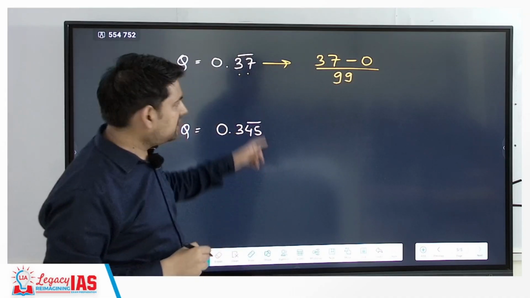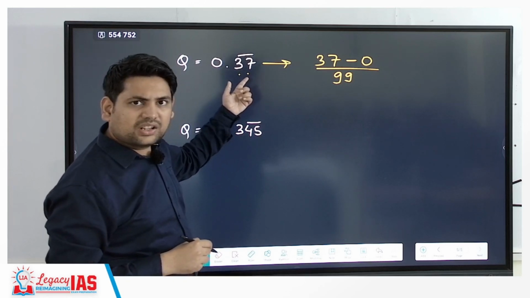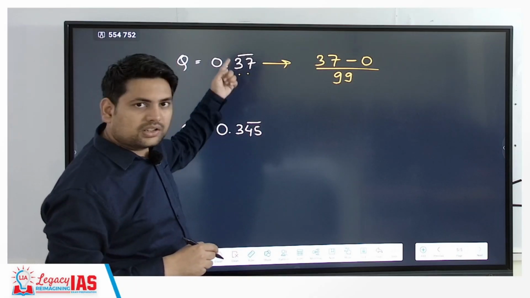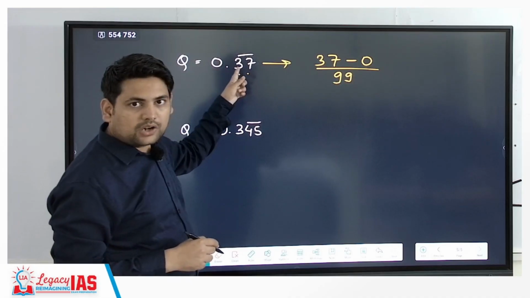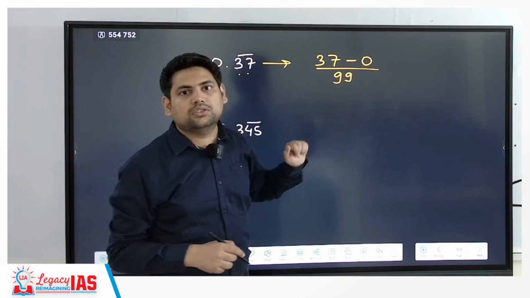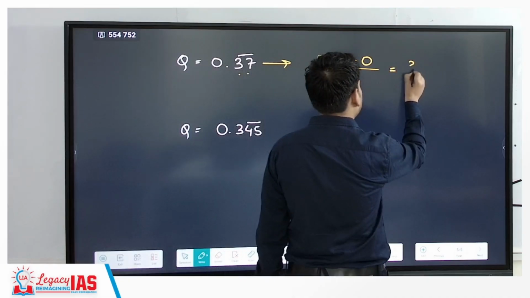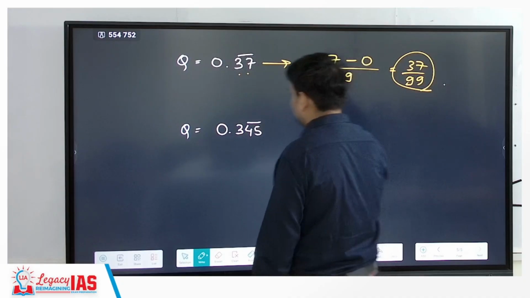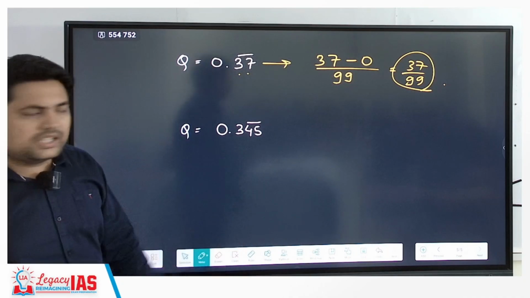How many numbers after decimal have no bar over them? There is no such number, so just ignore it. If there were such a number, say 1 number, then you add one 0. If there were 2 such numbers without a bar, you add two 0s. But here there is none, so you don't add anything. This becomes 37 by 90. Much simpler than all that multiplication.